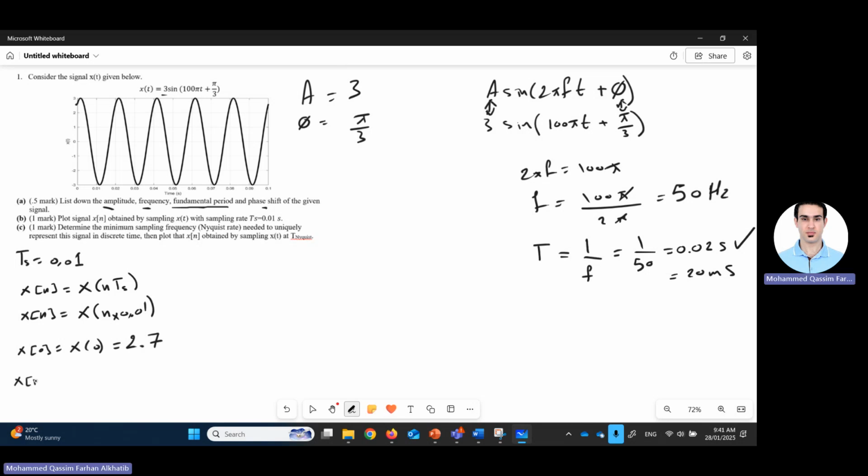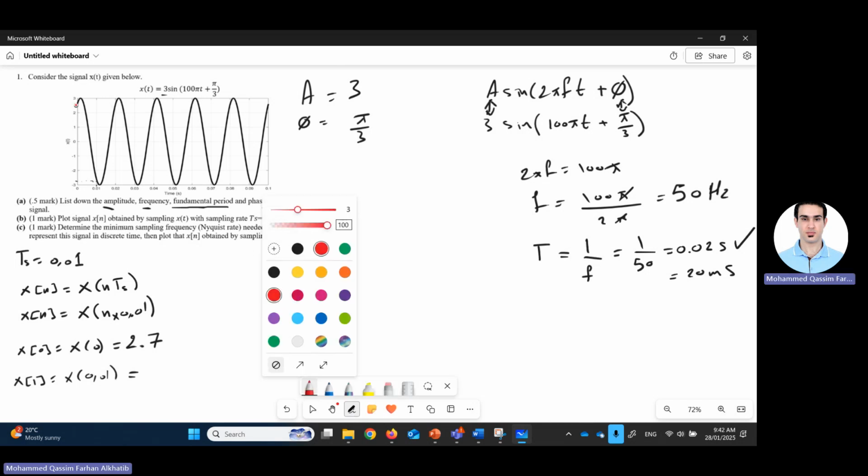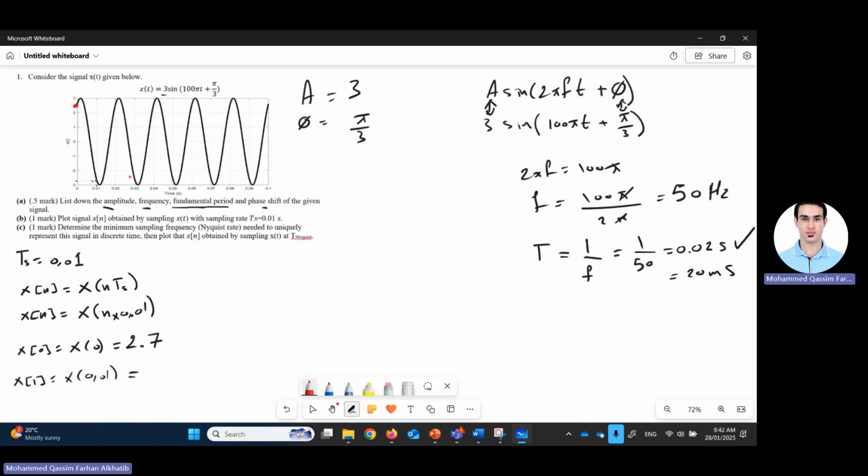X of 1 is going to be x of 0.01 times 1. And in this case, how much? We'll go to the signal here. It's somewhere here, that's 0.1, like negative 2.8, negative 2.9. Or if you show me in this figure itself that this is my first sample. Okay, let me draw in red. This is my first sample, this is my second sample, this is the third sample.